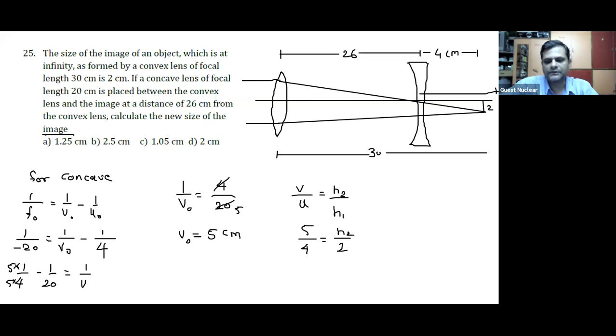So if we just simplify this, then 2 gets cancelled with this 4, leaving behind 2, and h2 actually comes out to be 2.5. So 2.5 centimeter will actually be the final answer. Okay, yes, option B will be the correct.